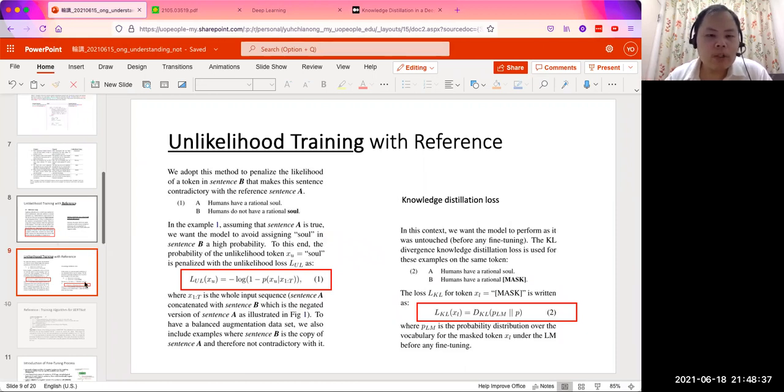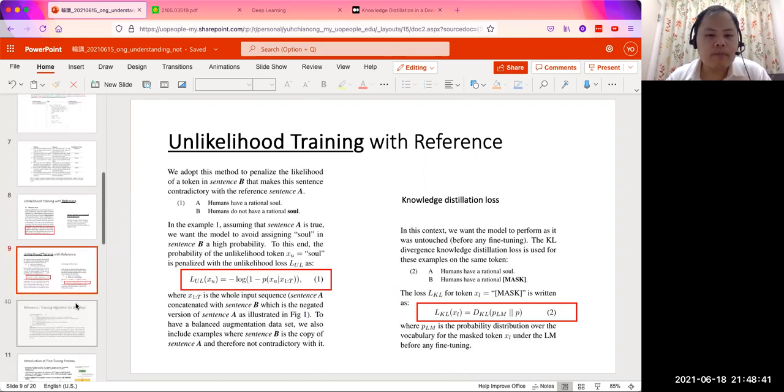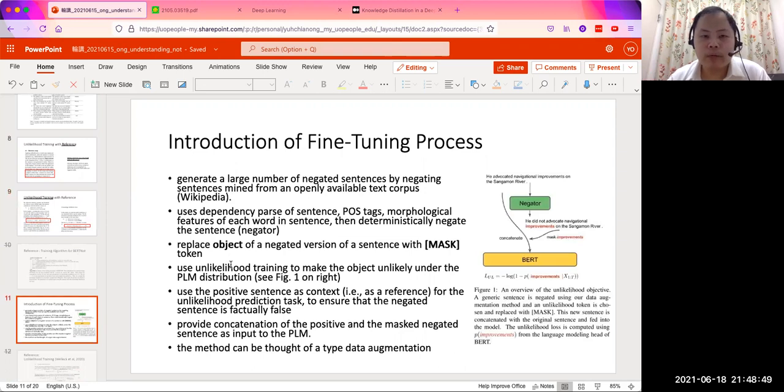I would like to go on to talk about the next thing, which is, how are we then going to fine tune the pre-trained language model?